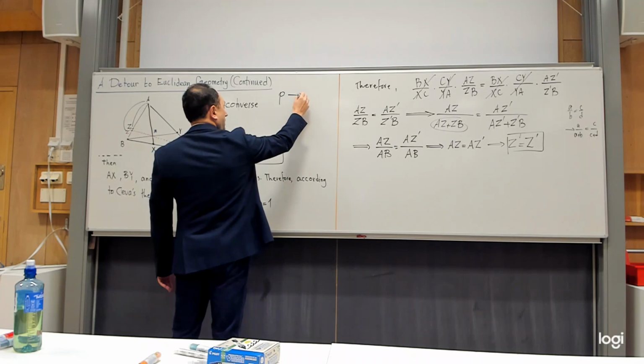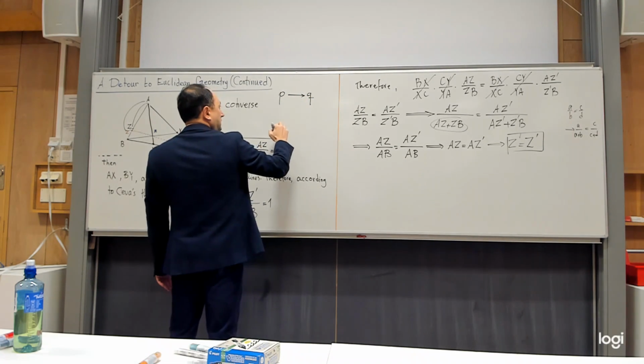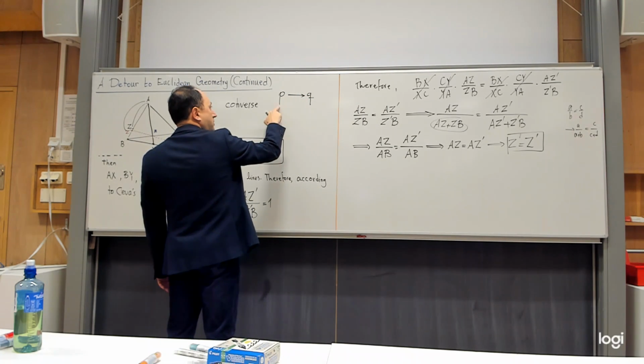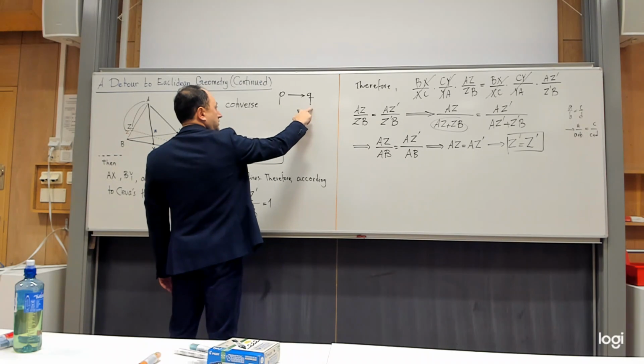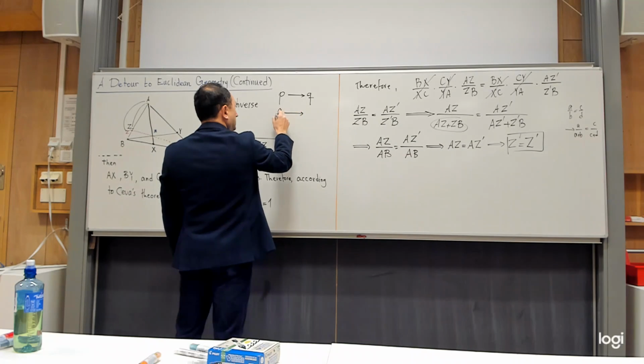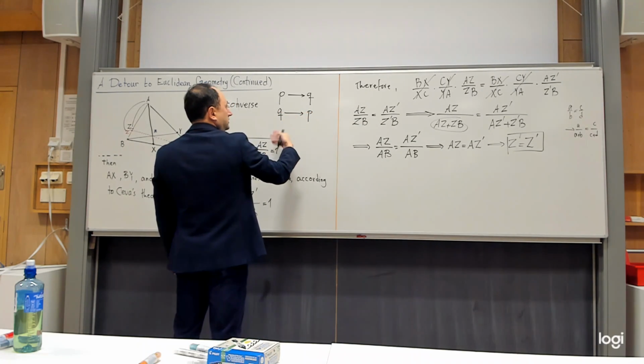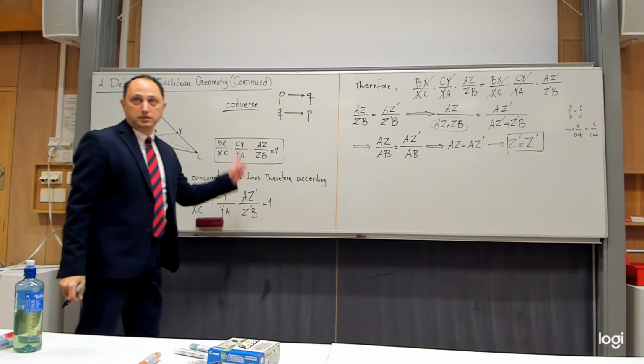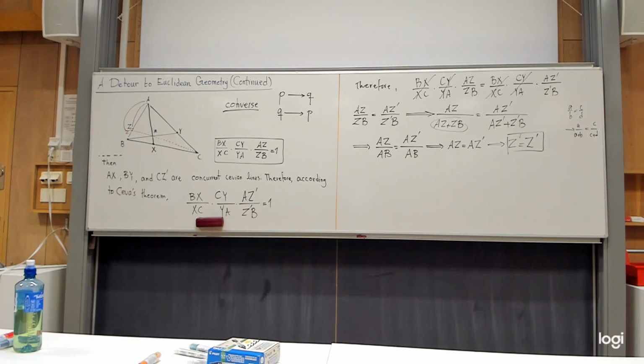P implies Q. This is called the premise or hypothesis, and this is called the conclusion. If you interchange these two, this is not called the reverse or inverse. This is called the converse statement. Okay, so remember this word.